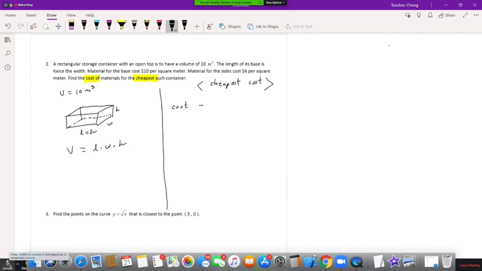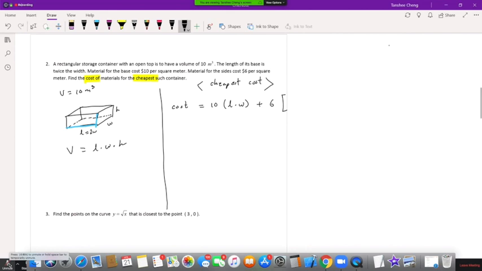So what is our cost? It said that it will be $10 for the base area. So it will be 10 times the base area, which is length times width. Plus, all the sides will cost only $6, so it will be $6 times the area of the sides.